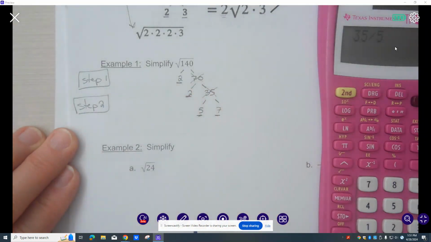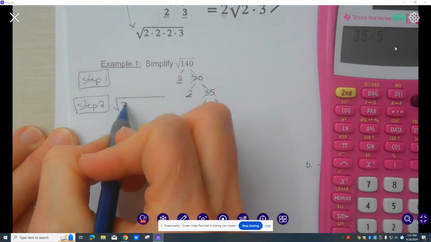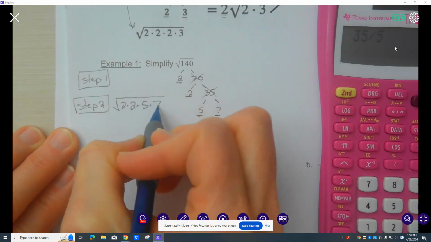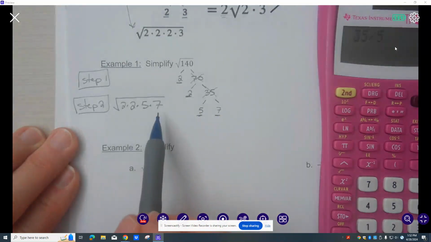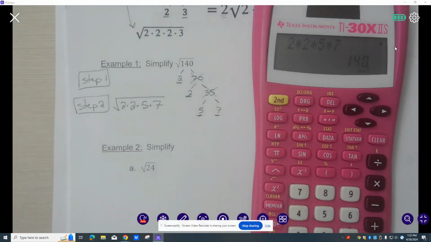Make sure you have this whole factor tree. I'm going to say 140 is the same as 2 times 2 times 5 times 7. So again, these are all prime numbers. If I put this in my calculator, 2 times 2 times 5 times 7, I get 140. So that's a way you can check also to make sure you factored it correctly.